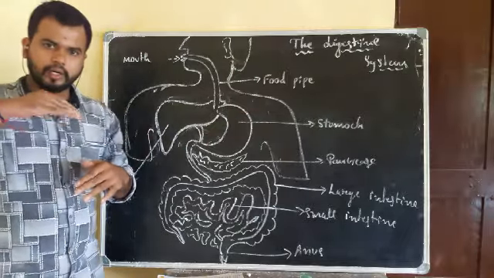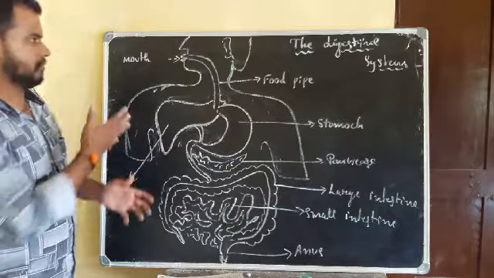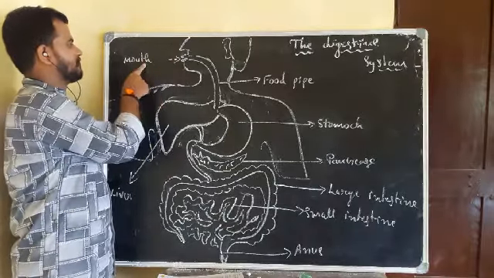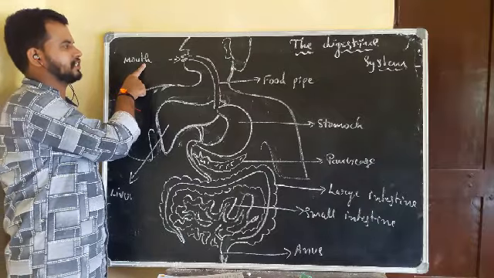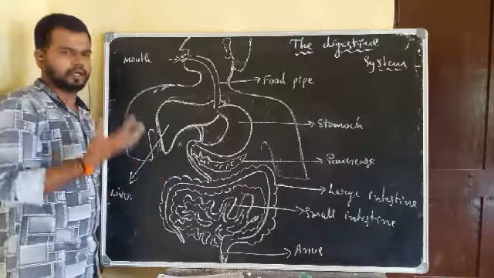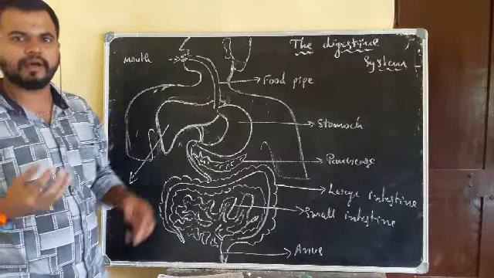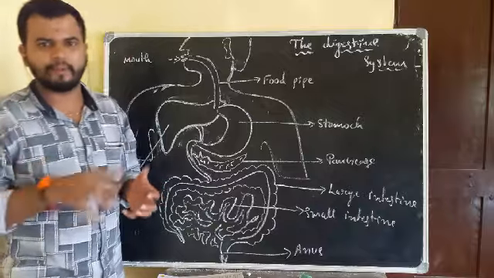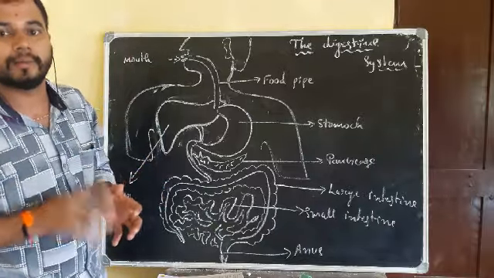I will recall quickly. Just observe the mouth. What happens in the mouth? The mouth is the first part of the alimentary canal or digestive system. Inside the mouth, teeth are there. With the help of saliva, the teeth chew the food and the saliva makes the food soft and moist.